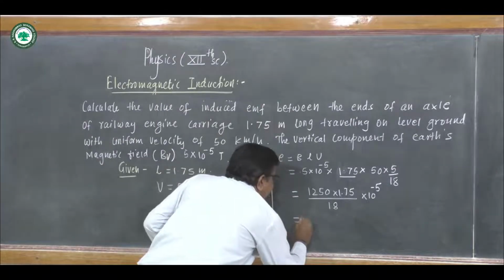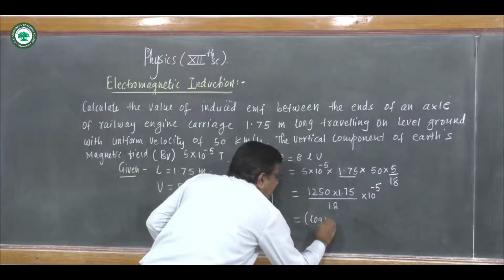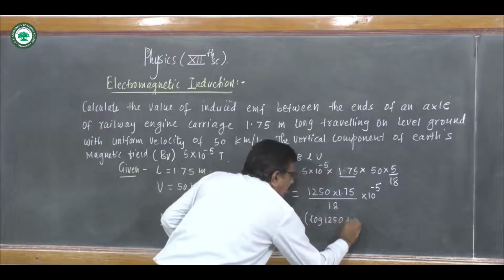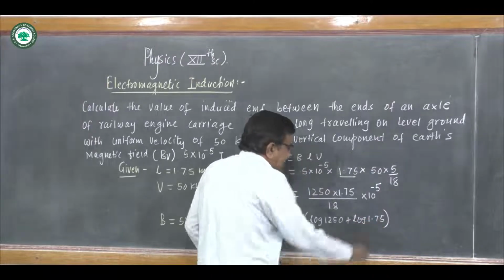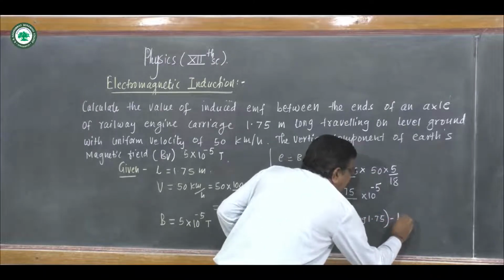So this is log of 1250 plus log of 1.75 minus log of 18.